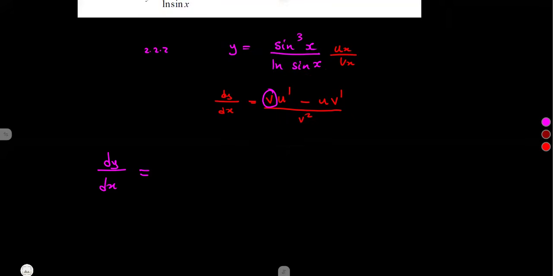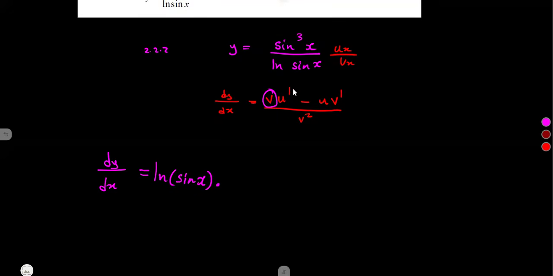Are we seeing that there's nothing that is affected there? We are just taking our v as it is, so we write ln sine of x as it is. Let me just put a bracket, guys, so that it makes sense.